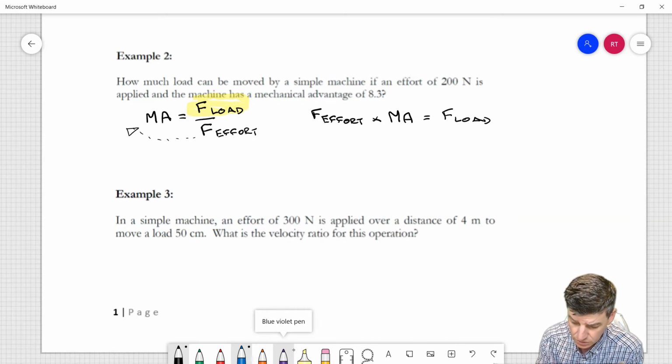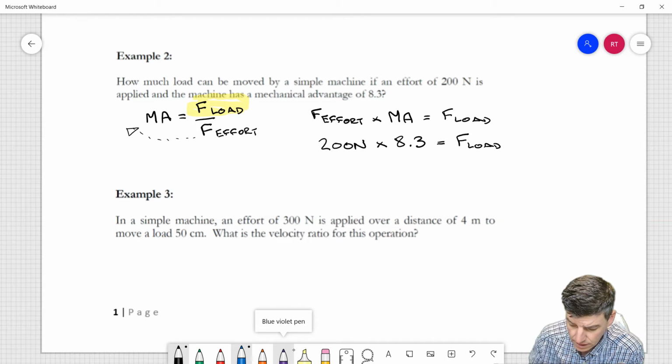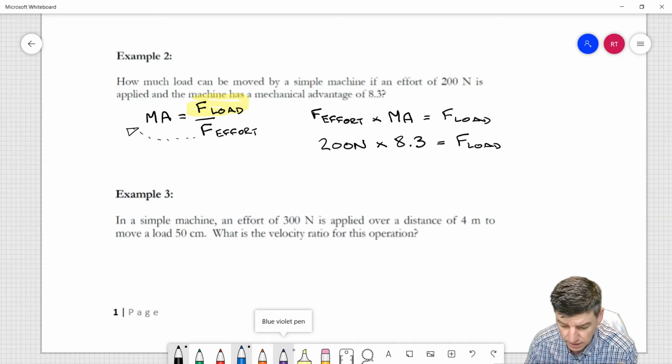I'm going to substitute in some values. So force of my effort is 200 newtons times the mechanical advantage 8.3 is going to be equal to the force of the load. Okay, just a couple things to point out unit-wise. Mechanical advantage has no units to it, so it's just a number, it's just a ratio.